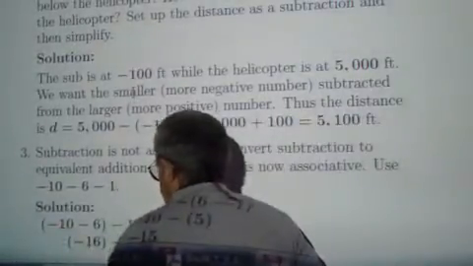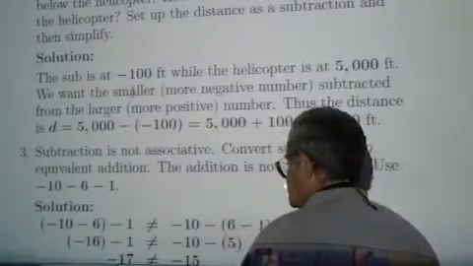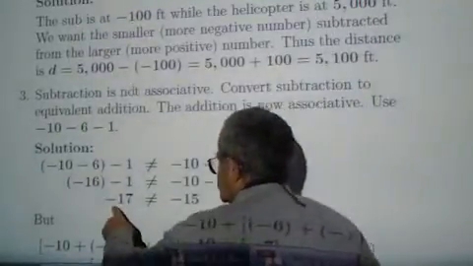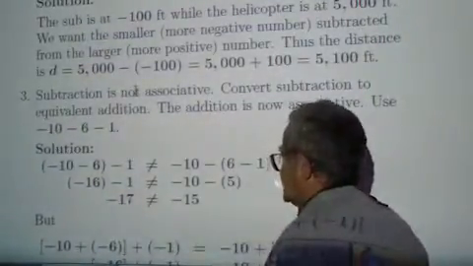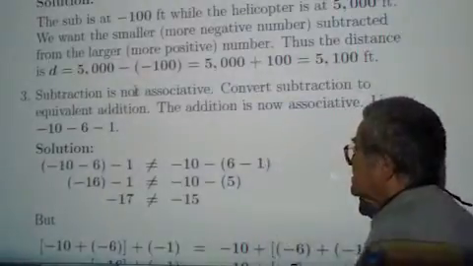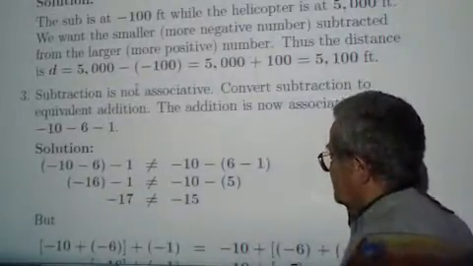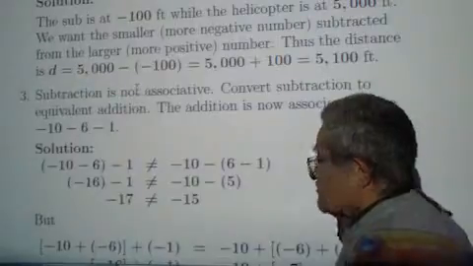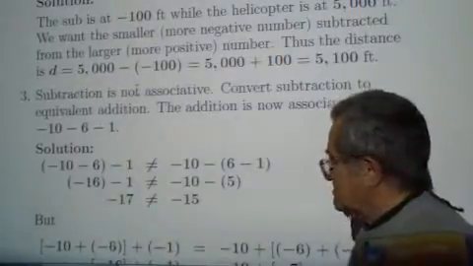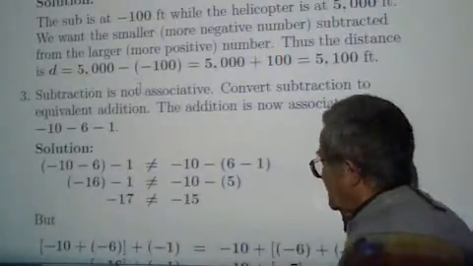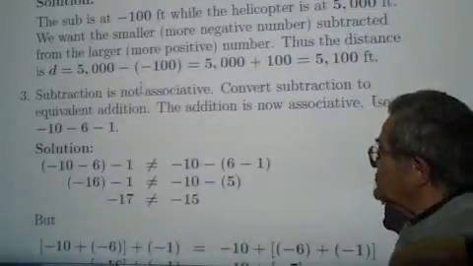You get 17 on the left, you get 15 on the right. So this is not associative. Subtraction is not associative. But, there's always a but. I'll let you copy that if you want to copy it quickly.